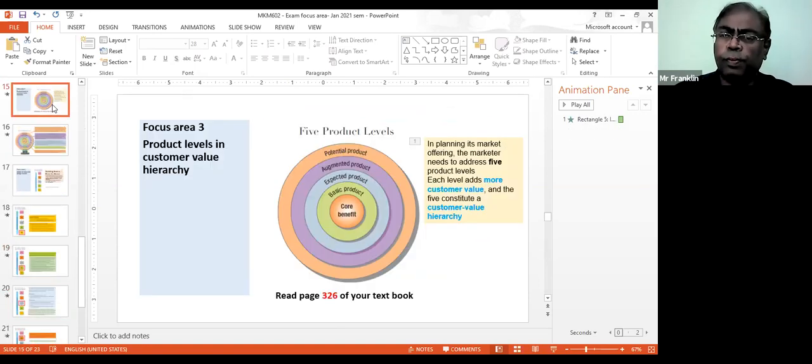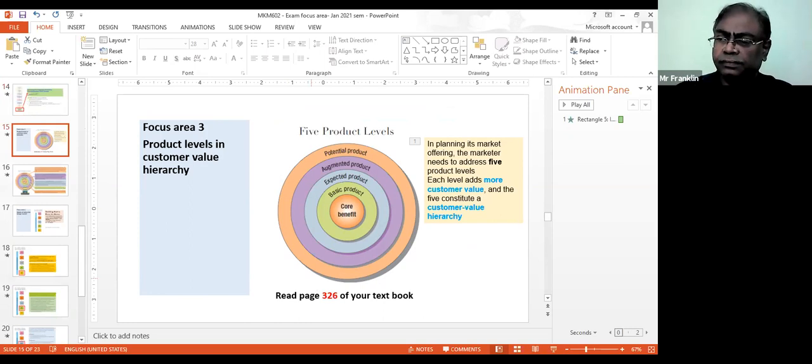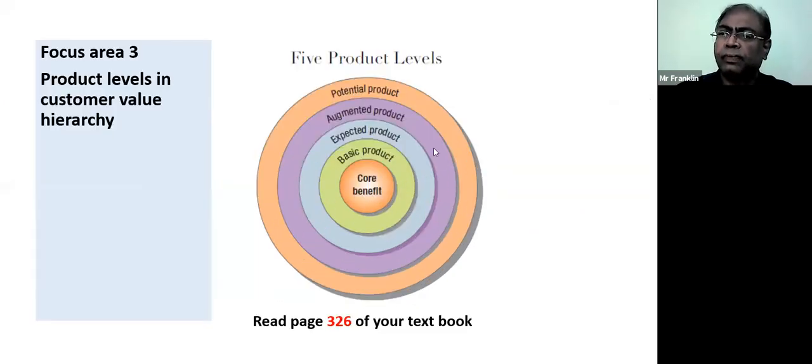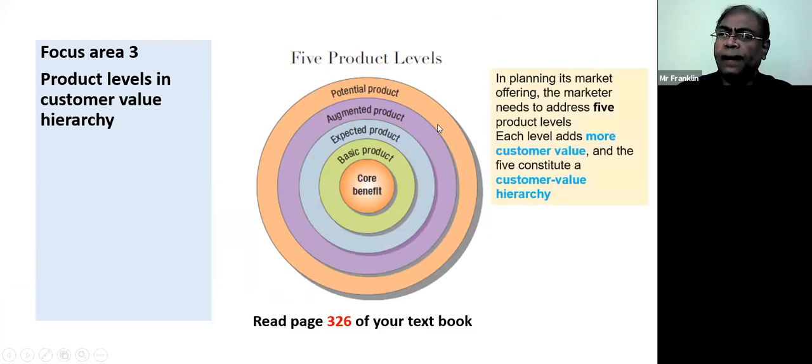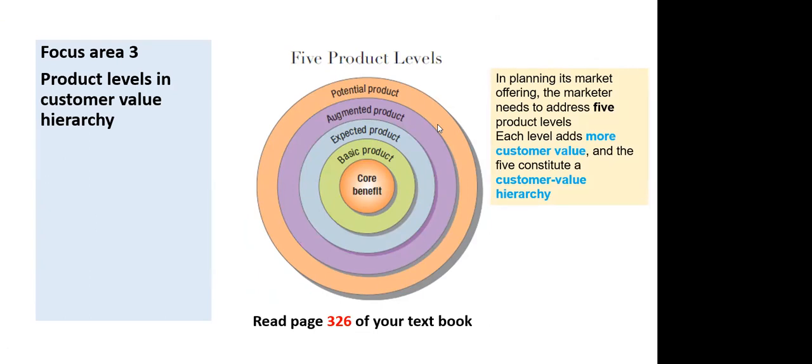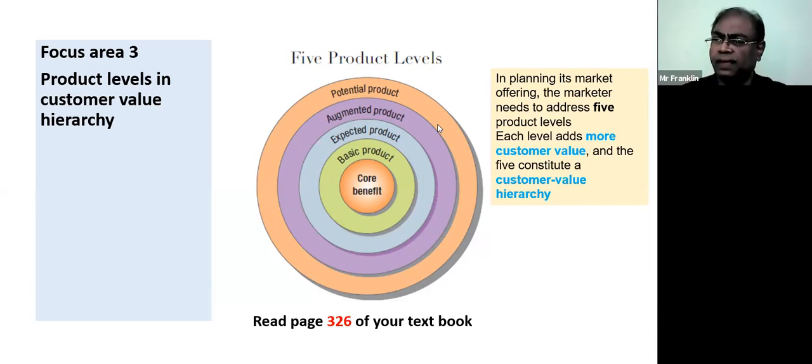Now we're going to talk about products here. In planning the market offering, which means planning the product, let's say a company is planning the product. The marketer needs to address 5 product levels.